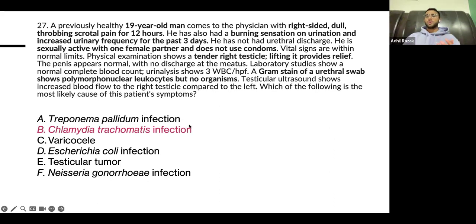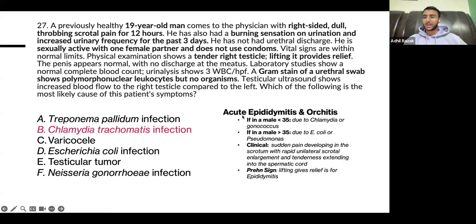And now you have two differentials. What are the two conditions you would have from this? It is epididymitis and orchitis. First off, we need to identify the organism involved. If it's a male patient under 35, it could be due to chlamydia or gonococcus, and the gram stain gives you the answer here.